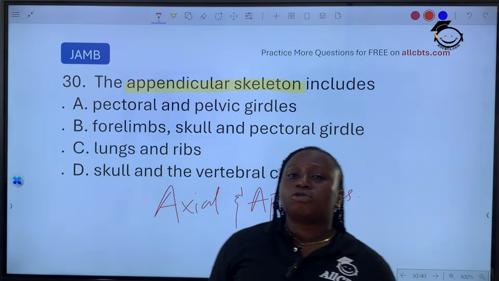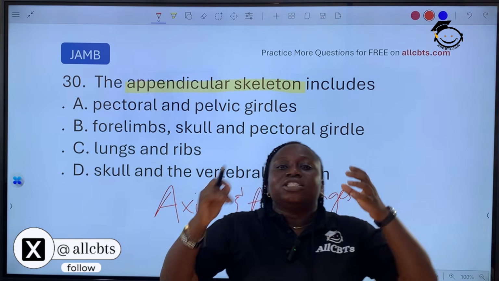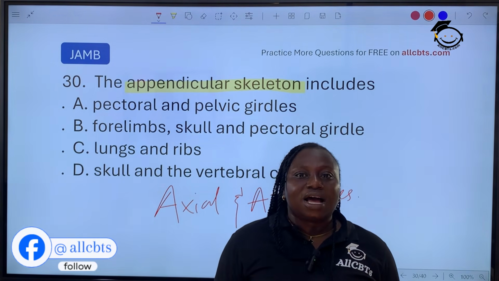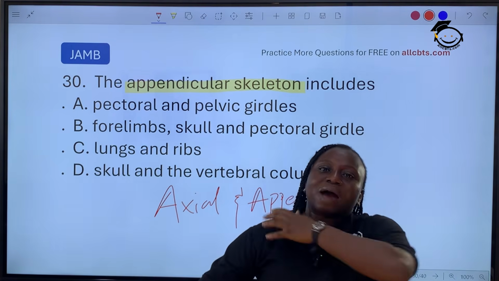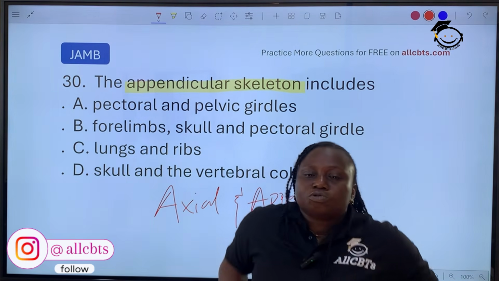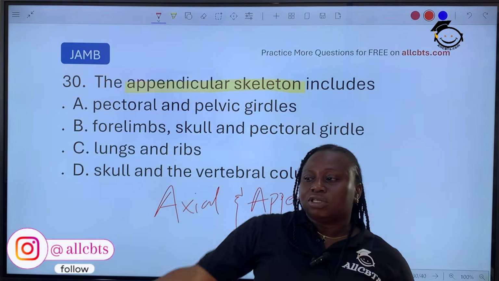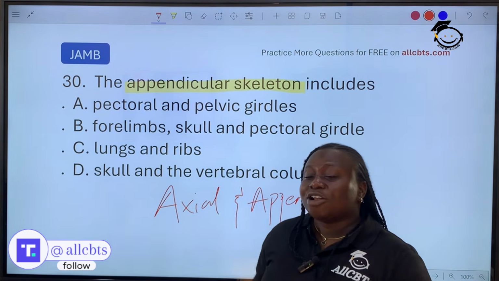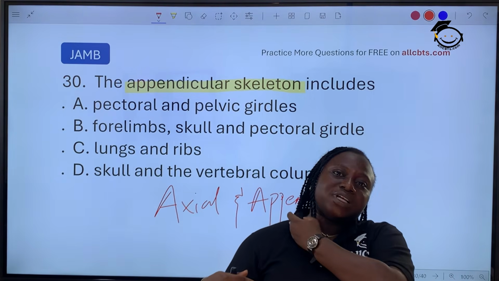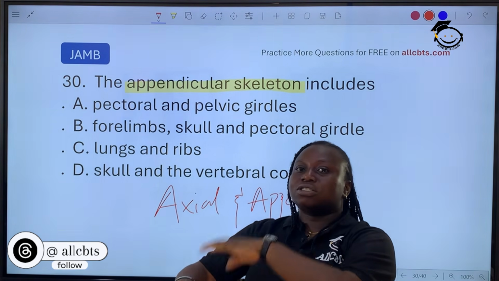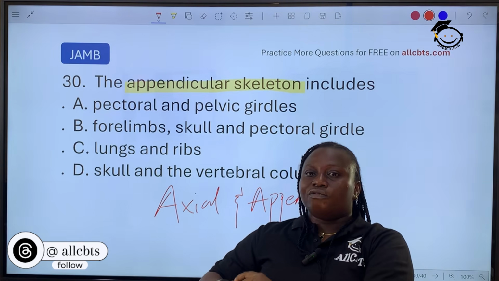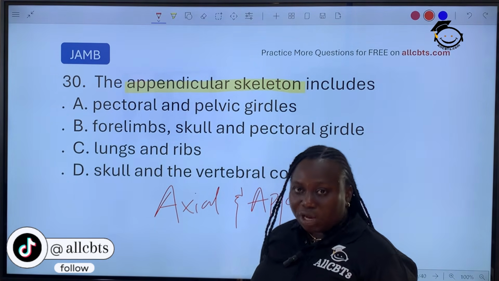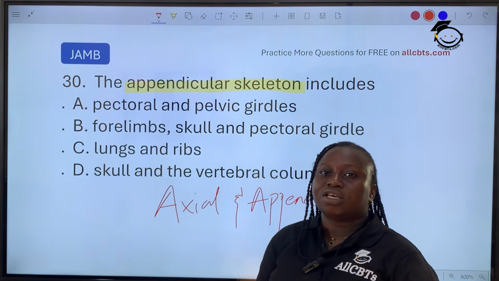Now, a quick way for you to remember it is that the ones in the middle of your body, except for your legs, are the axial. Then the appendages are the ones connected to that middle, for example, the arms and the legs. Don't forget that from your shoulder to your hand is called the pectoral girdle. Then from your hip to your legs is called the pelvic girdle.